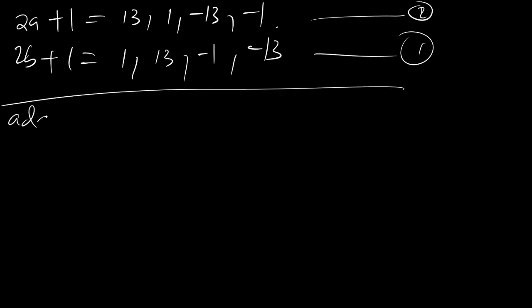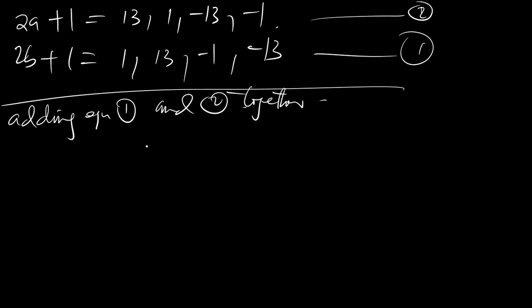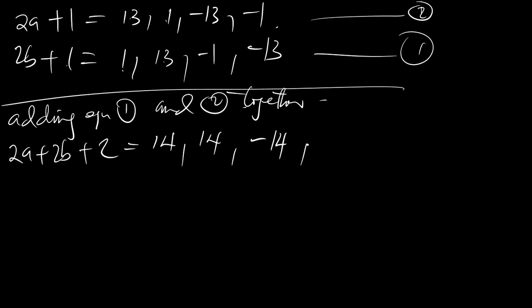Adding equation 1 and equation 2 together, we have 2a plus 2b plus 2 equal to 13 plus 1, which gives 14, 1 plus 13 gives 14, and minus 13 minus 1 gives minus 14. This is equation 3.